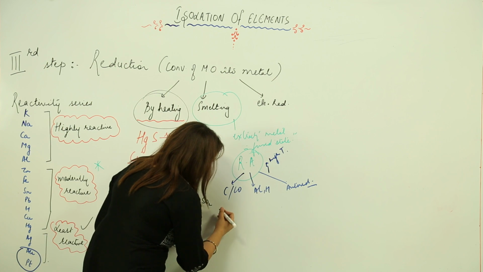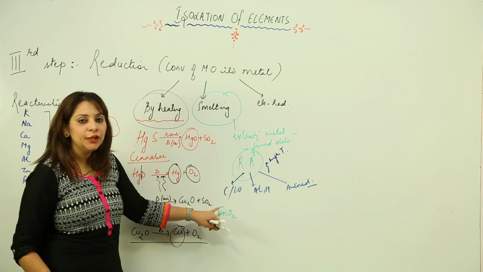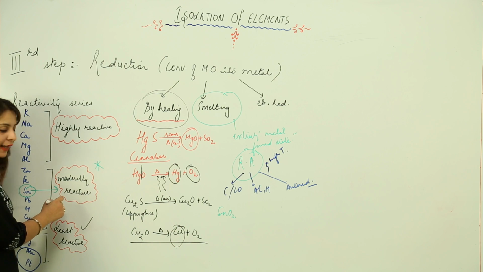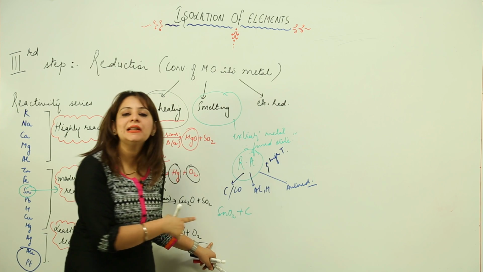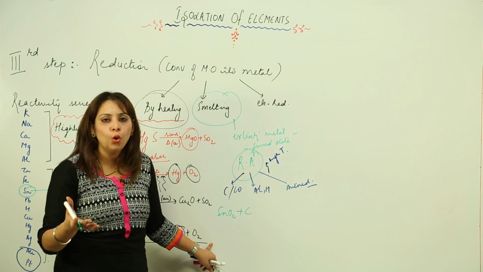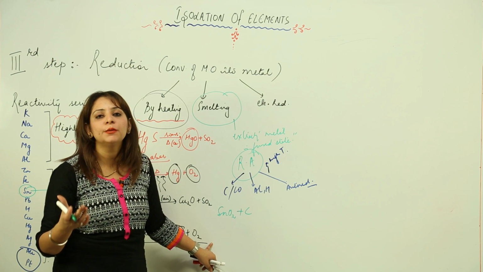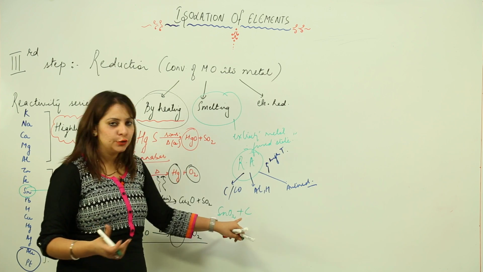So let us say that we have tin oxide. Tin oxide can be reduced with carbon. So here is my tin, one of the members of the moderately reactive metals. I can reduce it with carbon, and from where do I get this carbon? This carbon is a pure form of carbon, like coke or charcoal. So in any form in which you get pure carbon, you can use that to reduce.